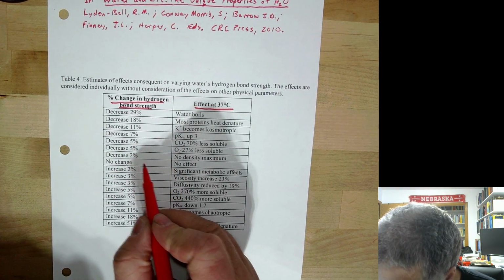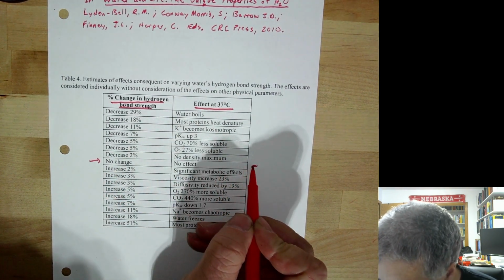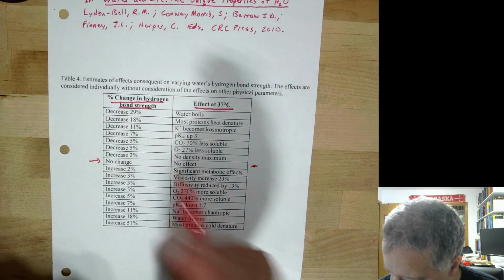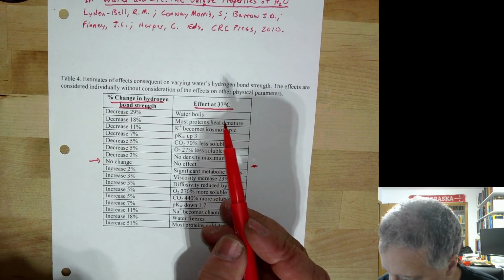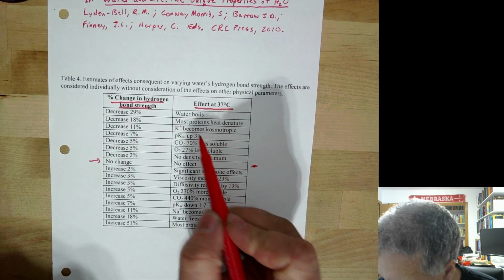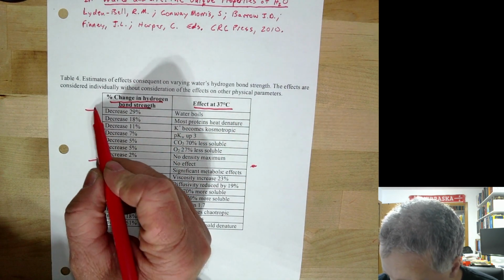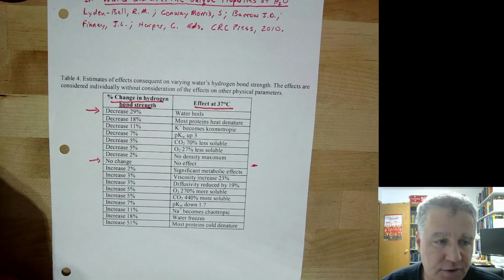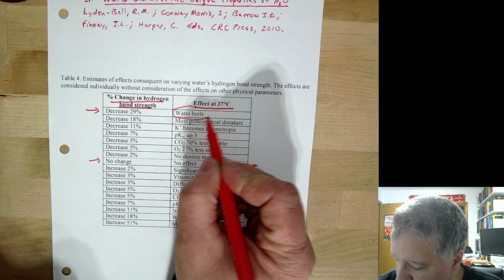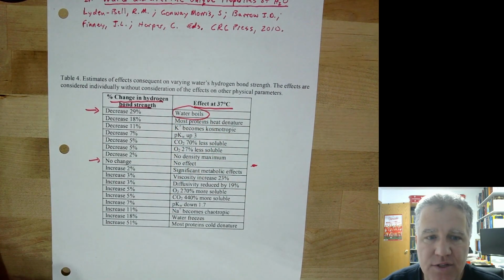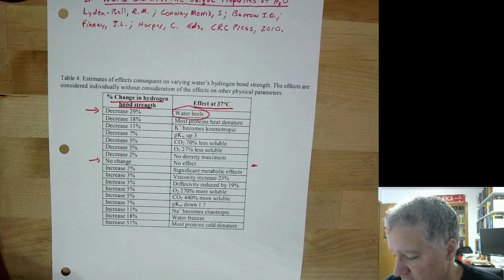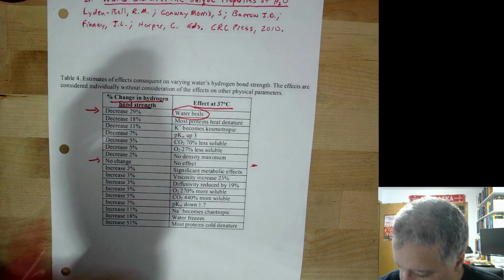So no change, of course, here's where we have no change, and here's where we're stronger on this side, weaker on this side. We don't need to talk too much about this, but dramatically, just a change of under 30%, water's boiling point would rise to 37 degrees C rather than 0 degrees C. This is interesting here.